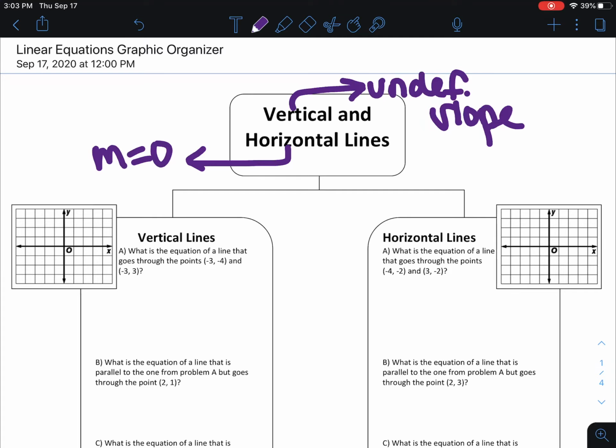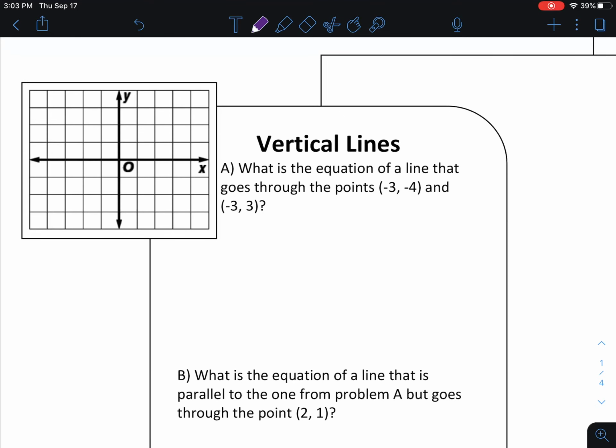Okay, so now let's talk about vertical lines. What is the equation of a line that goes through point -3, -4, and -3, 3? And of course it's vertical. So we have this vertical line and we need to figure out what is the equation.